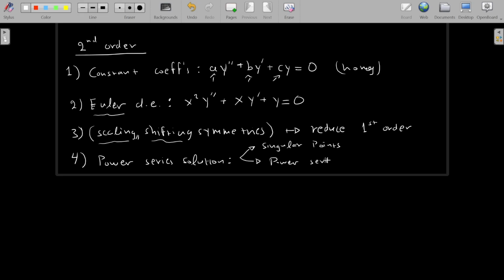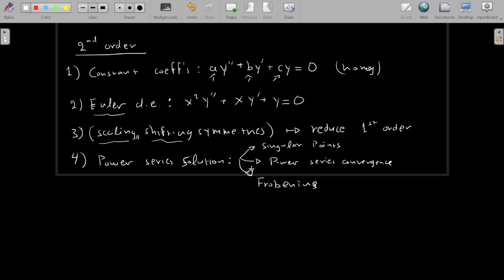We will also check what power series convergence is, and some ways to check if power series converge. And last but not least, we have the Frobenius method, which is a very useful and a great way of dealing with second order differential equations.